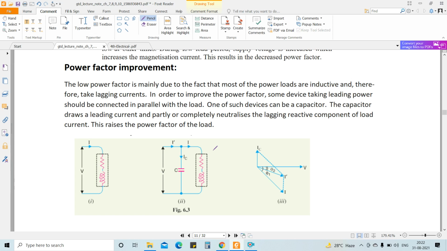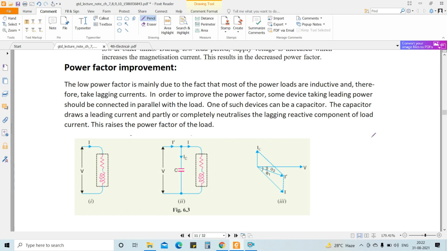That means we are increasing the power factor towards unity. The low power factor is mainly due to the fact that most of the power loads are inductive and therefore take lagging current. So in order to improve the power factor, some device taking leading power should be connected.